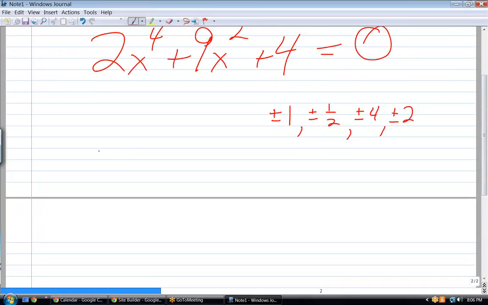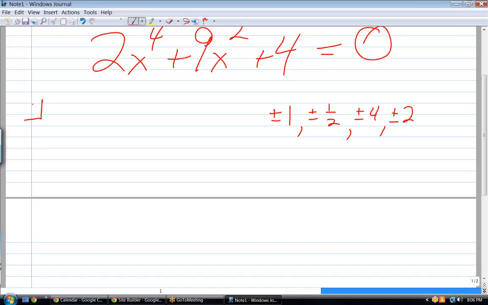So get me started here. I'm sorry, what? I was writing. Okay, we're going to use synthetic division to test each of these solutions and see if we get 0, meaning it is a solution. The first one I'm going to do, I always do the easiest one, plus 1.